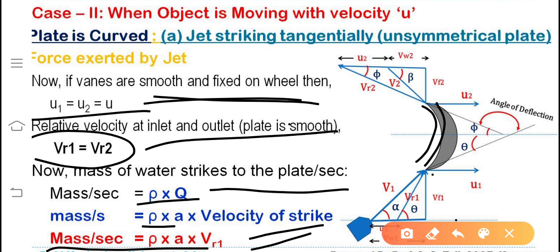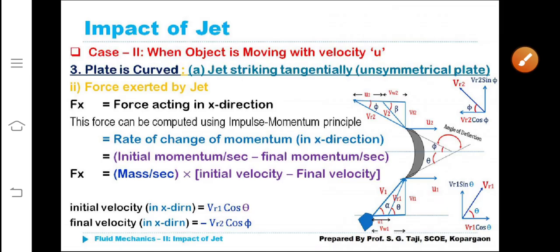What is a? For two classes I did not say about it because it is very simple, and if I say, you people will laugh at me. For fun, I am asking you, what is a? Yes, fine, you are correct. It is the area of the jet. How will you find it out? By knowing the? Yes, you are correct. Diameter of the jet. Okay, fine. That means you have not forgotten. Thank you.